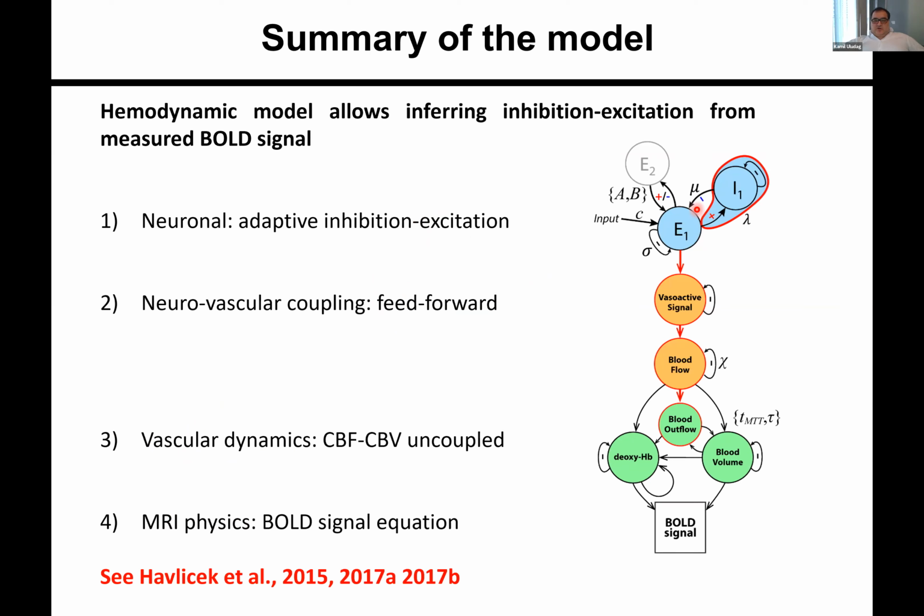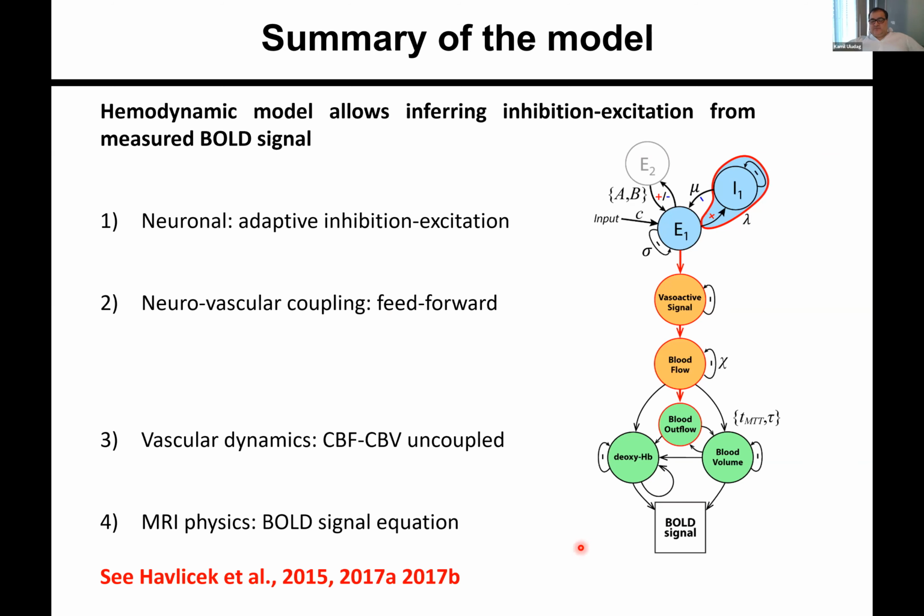To summarize the model, on the neural level we have excitation and inhibition, and the excitation between two brain areas interacts. Then the excitation releases a vasoactive signal, which changes blood flow in a feed-forward manner. And then we have hemodynamics, which translate into the BOLD signal.